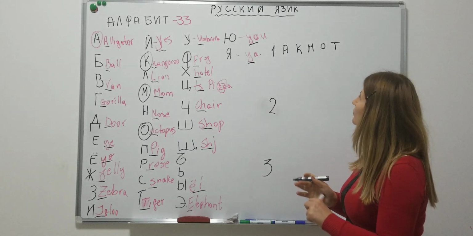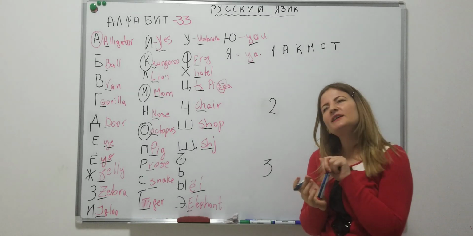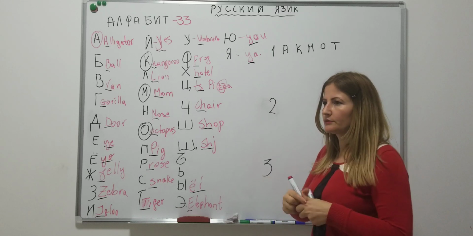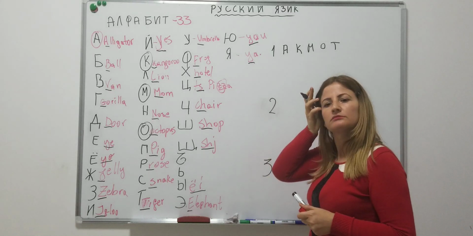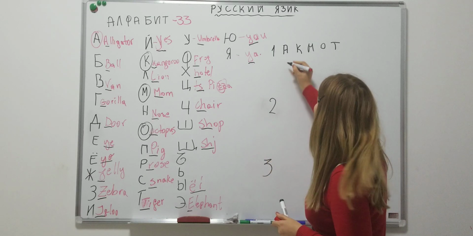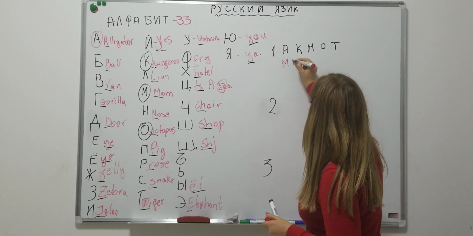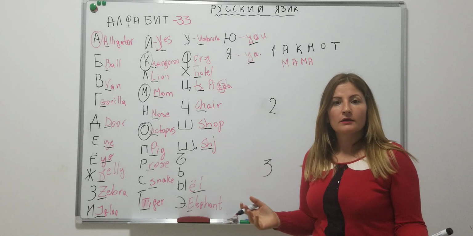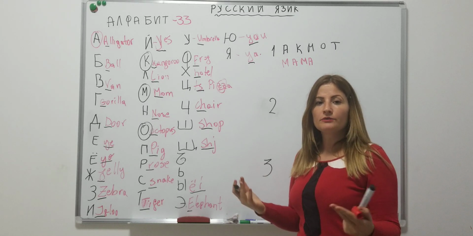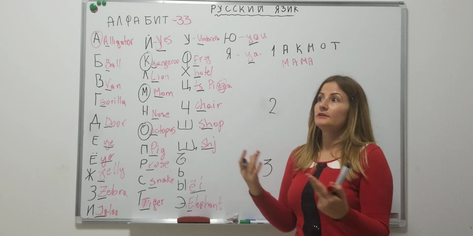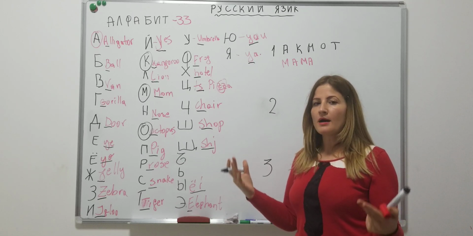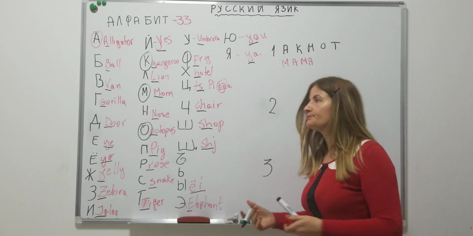For example, what can we write with these letters? Let me try to come up with some words. For example, we can write Mama. In Russian, Mama, it's not very difficult to understand, right? Mother.